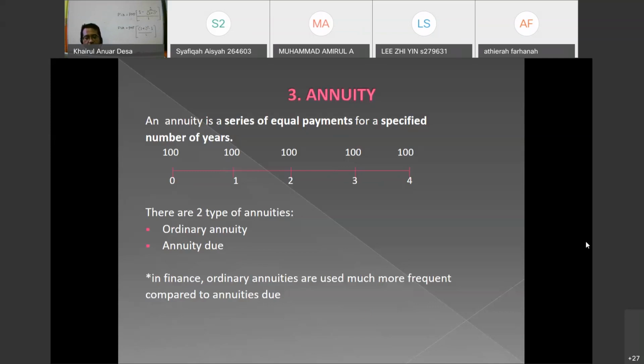The car loan, the housing loan that we pay every month, the same, equal amounts for 7 years for the car loan, for 30 years for the housing loan. That is what we pay, what we pay or cash outflow.